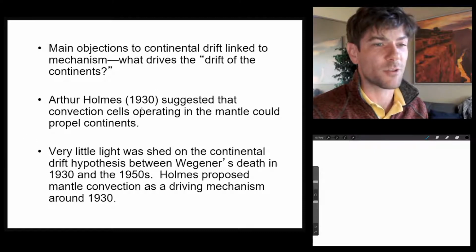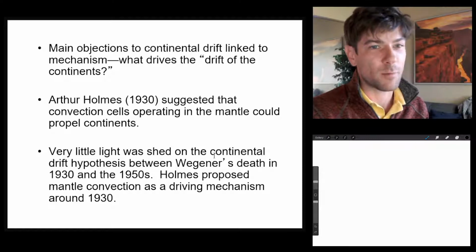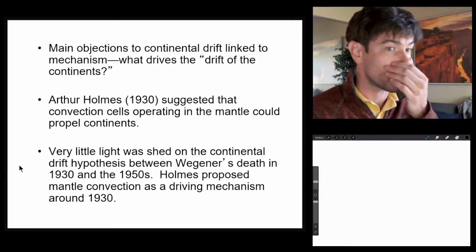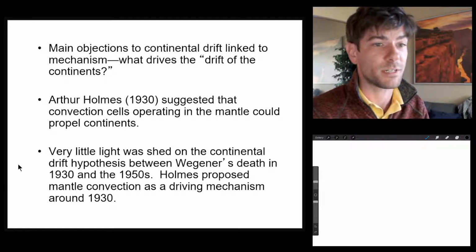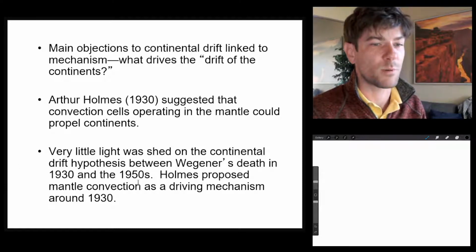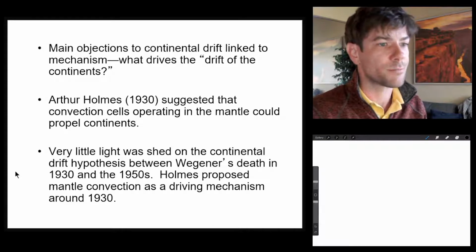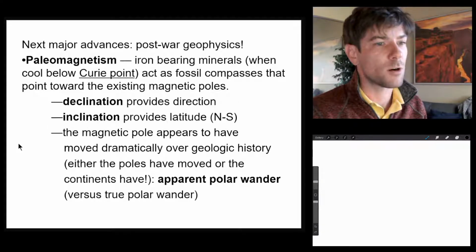He came up with that idea in the 30s. However, as this bottom point says, very little light was shed on this hypothesis between the 30s and Alfred Wegener's death in the 50s. Holmes obviously proposed mantle convection in the 30s.